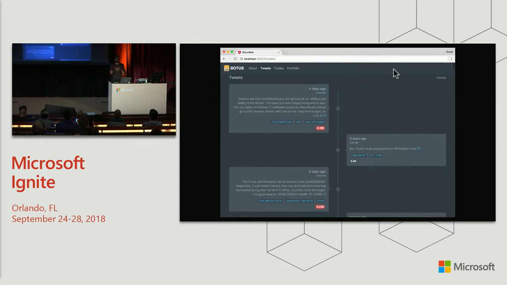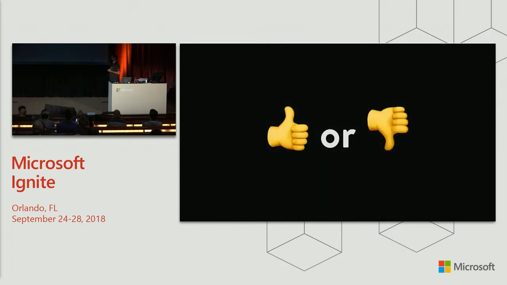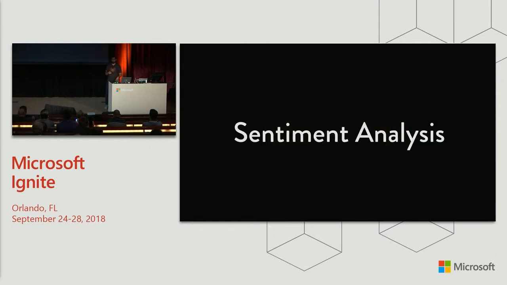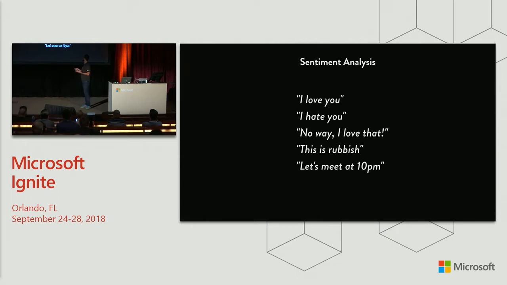So the question here is how do you figure out if something's positive or negative, right? You do that with something called sentiment analysis, which is quite a common pattern these days. How you do it is you basically get a bunch of data. So you're going to grab a bunch of text strings.